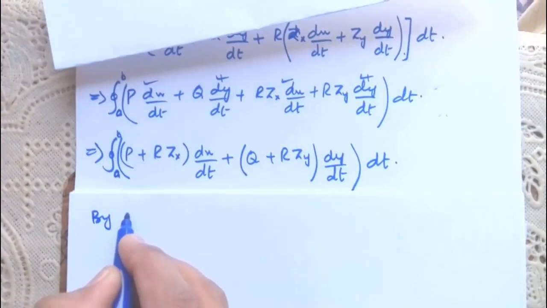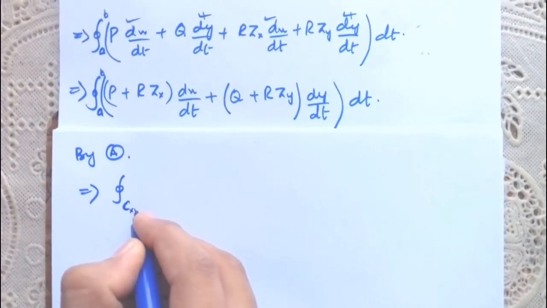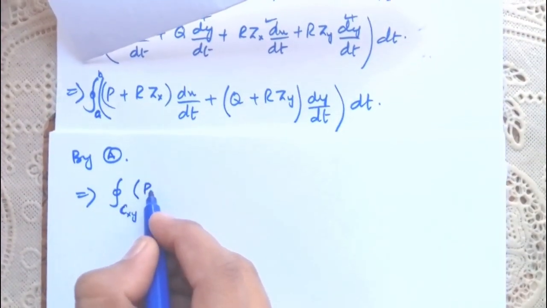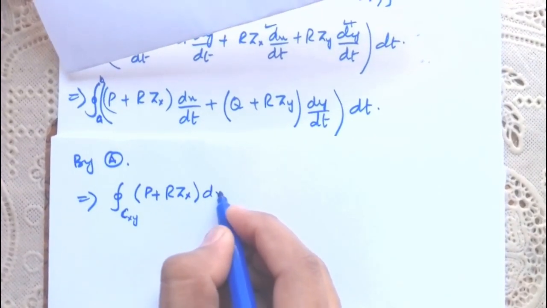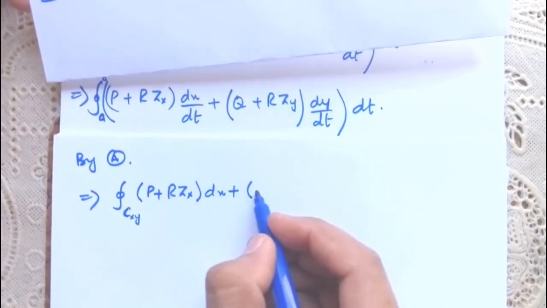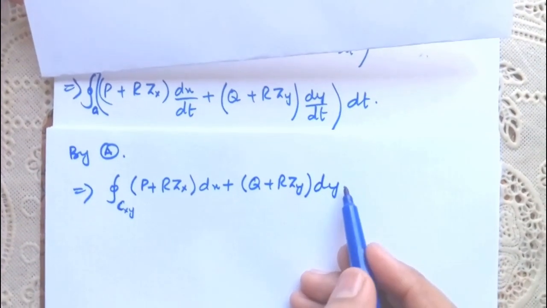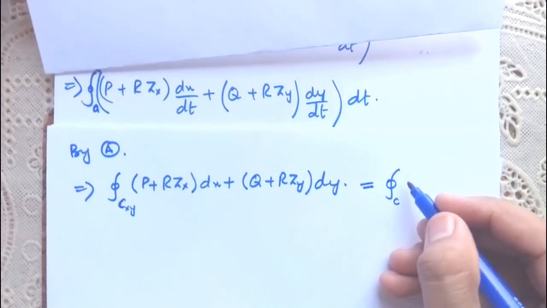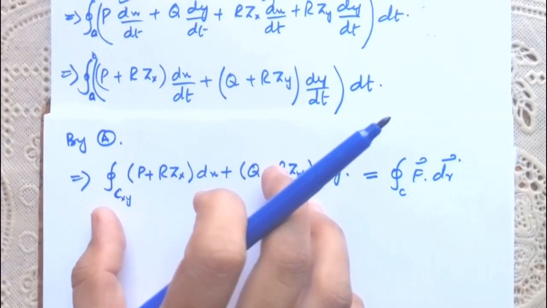So by A it is equal to the line integral over the curve C in the xy plane of m dx plus n dy, meaning m is p plus r zx dx plus n dy, where n is equal to q plus r zy dy. And this was the left hand side, meaning the line integral over the closed curve C of a vector field f dot dr. Now here we can apply Green's theorem.